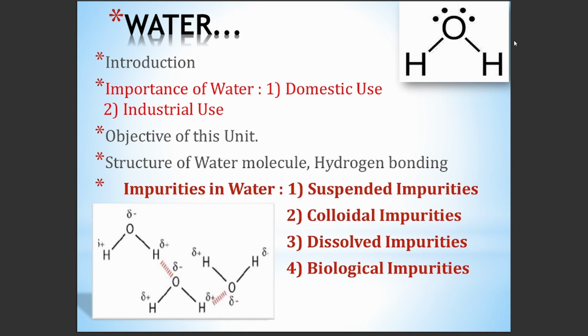So this hydrogen bonding present in the water molecule makes it an awesome solvent, and hence it is called a universal solvent. And water, not only in the liquid form but also in its solid form and its vapor form, plays an important role in the industrial field.